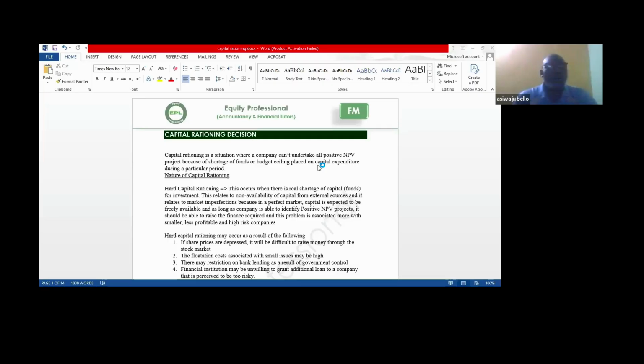It means that a company has identified a viable project, but it cannot undertake it because there is no finance, there is no money.